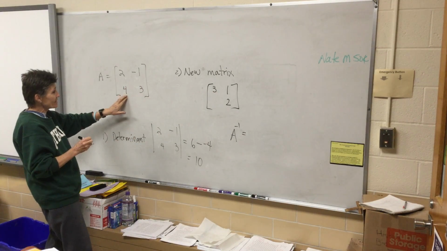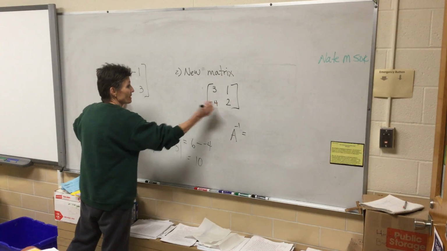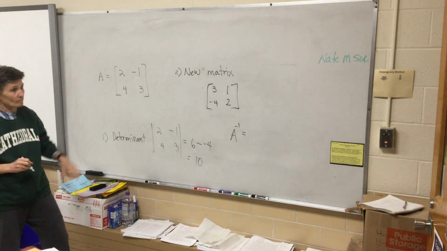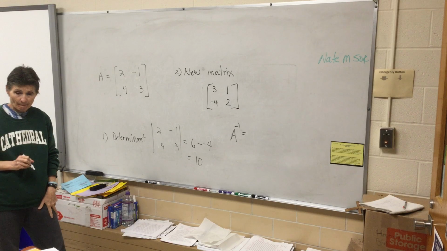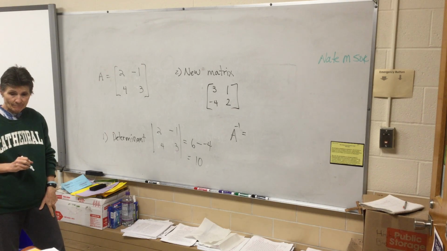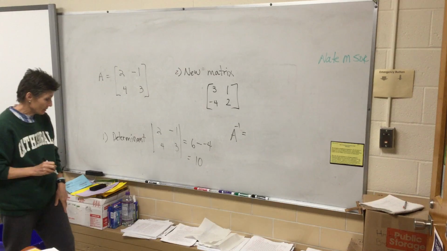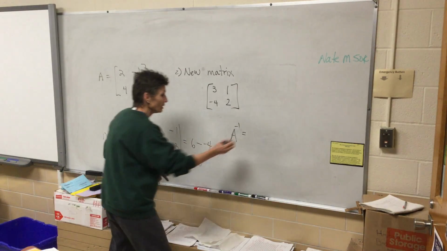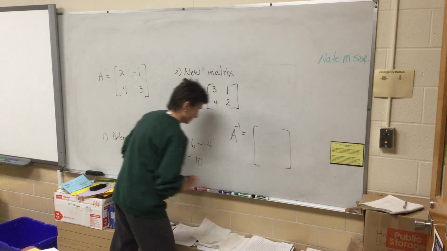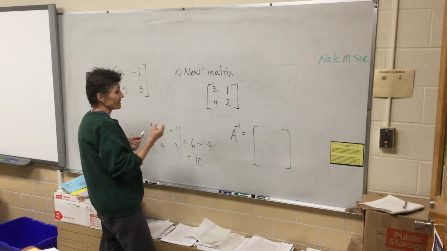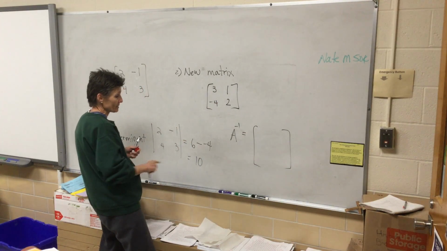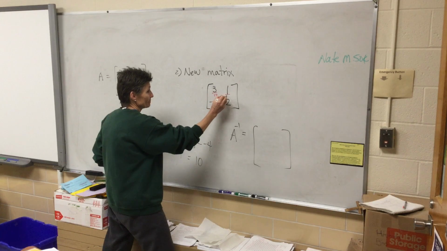And the 4 stays in this spot, but it becomes negative. To get my final answer then, I am going to take each of the numbers in the new matrix and divide it by 10.